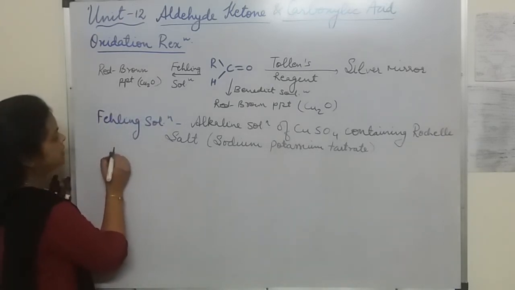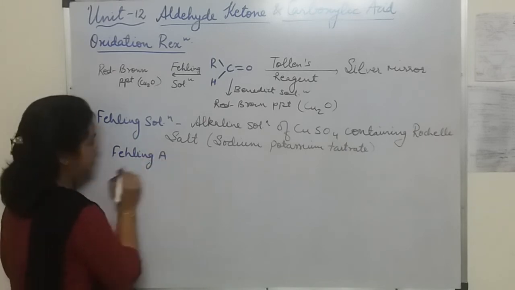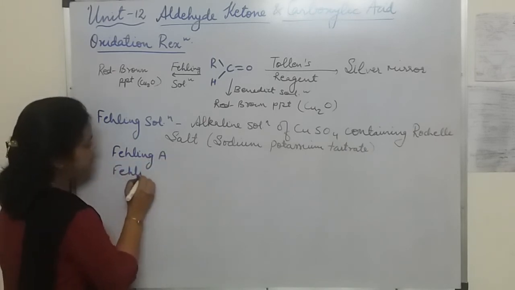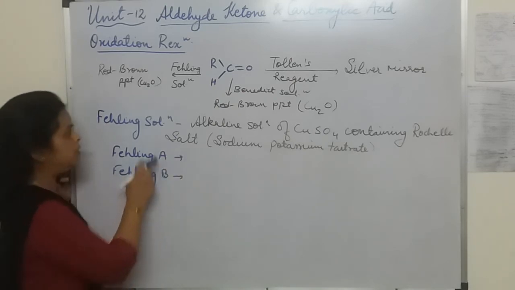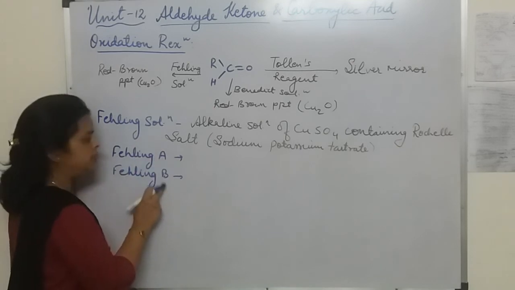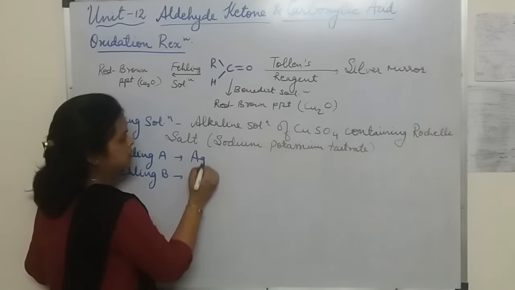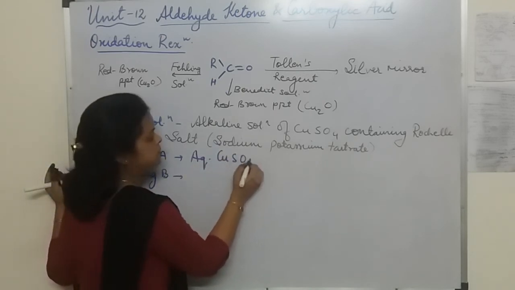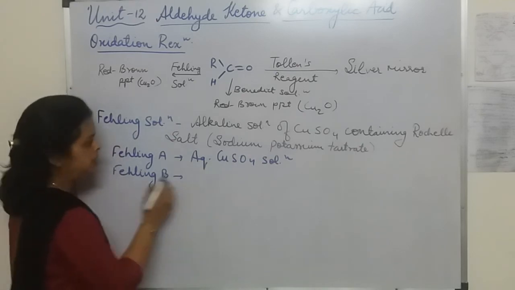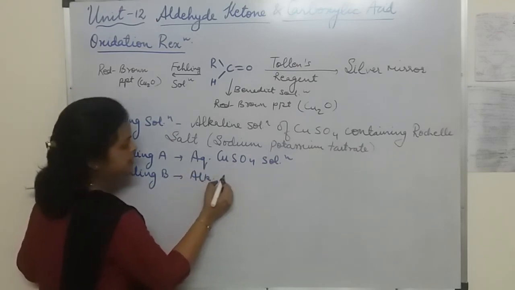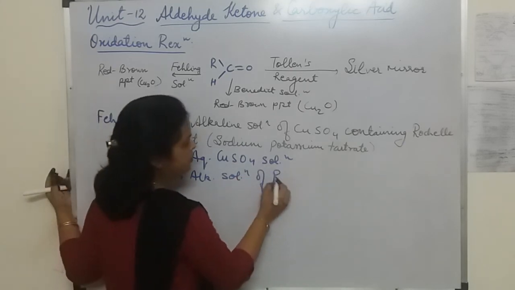For this we are taking two solutions. In the laboratory we have Fehling A and Fehling B. When you are making the Fehling solution, you add Fehling B to Fehling A. Now what is Fehling A? Aqueous copper sulfate solution. Now Fehling B is an alkaline solution of Rochelle salt.